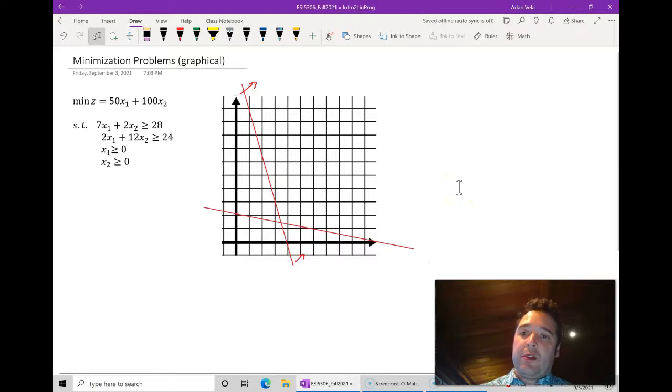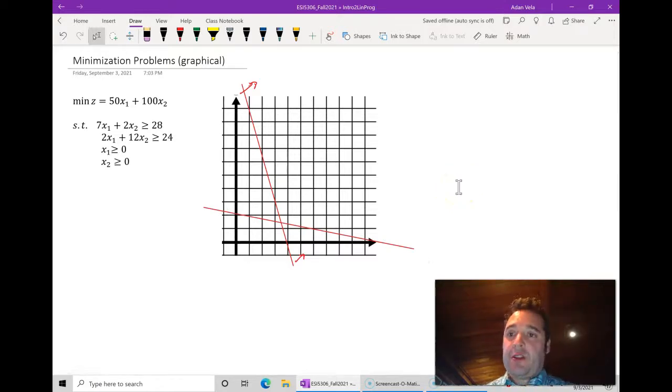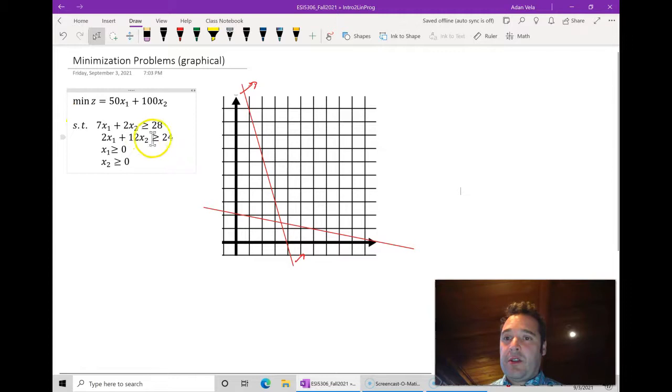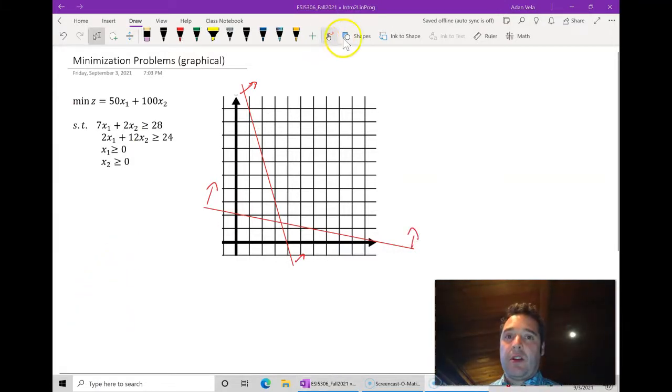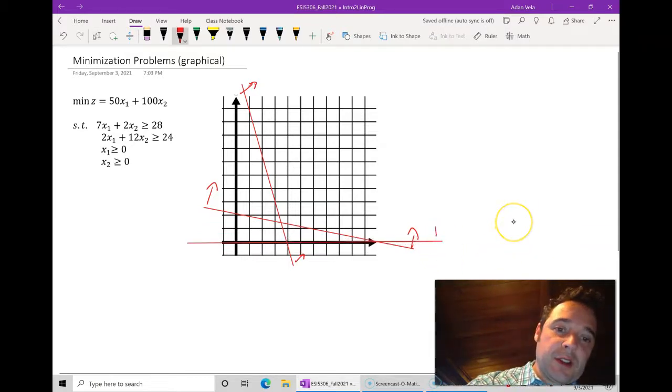At this point, we can do the same test where we plug in 0 and 0, and we see 0 plus 0 is not greater than 24. So in fact, our feasible set lies above the line. Now, our non-negativity constraints are pretty straightforward. So again, we have them. x2 has to be greater than 0, and so that's everything above the line.